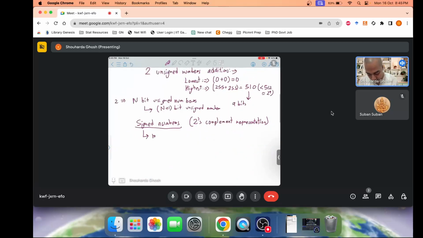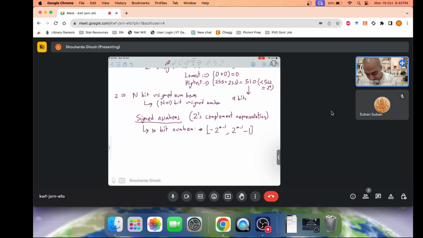So for signed numbers, an r bit number occupies the range -2 to the power r minus 1 to 2 to the power r minus 1, minus 1. For the 8-bit case, how much will it occupy? It's 2 to the power 7, that's -128 to 127.